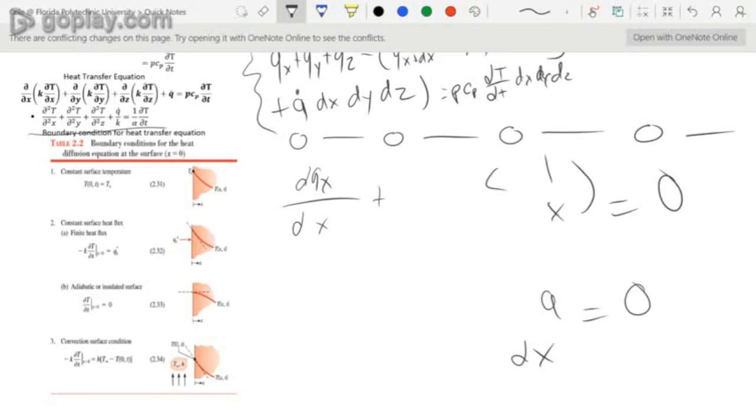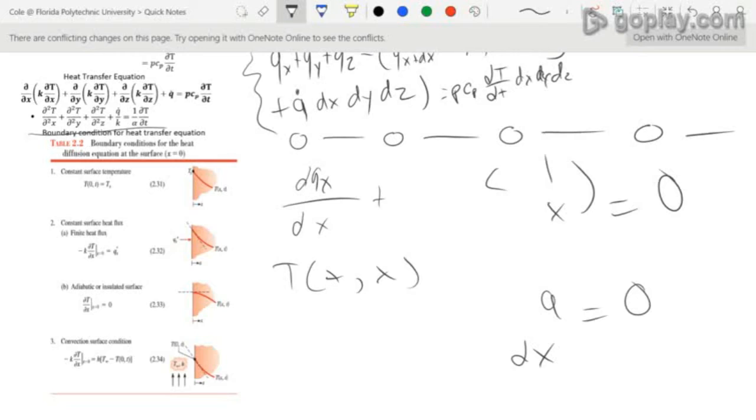The first one they give us is when the surface is at constant temperature, and this happens when the surface is in contact with a melting solid or a boiling liquid. In both of these cases, the surface remains at the temperature of the phase change process, so it's at a constant temperature. And so the temperature is a function of both time and position.